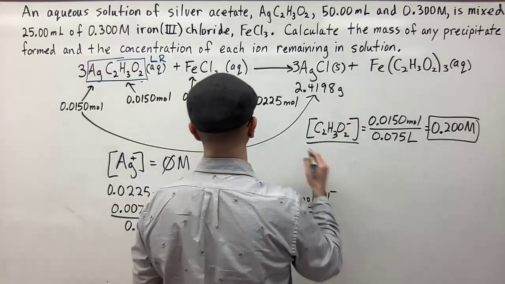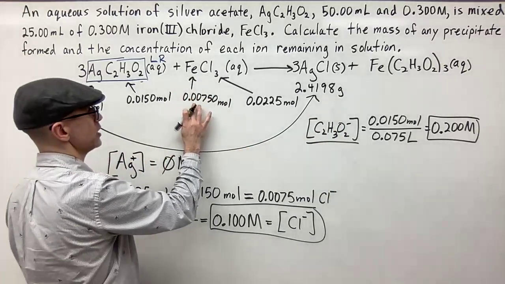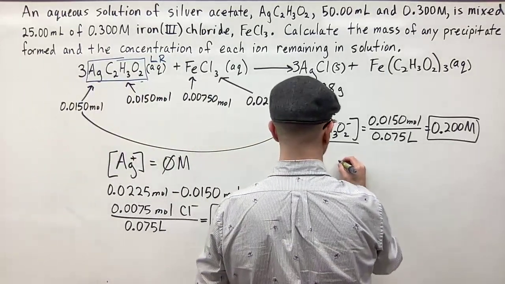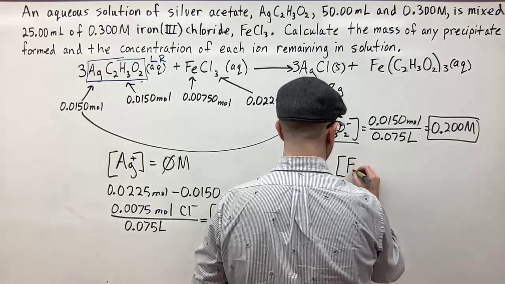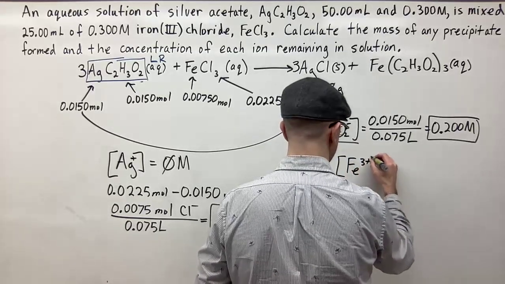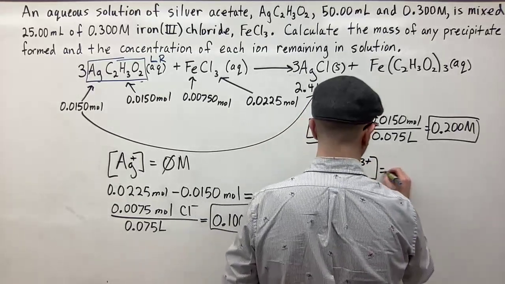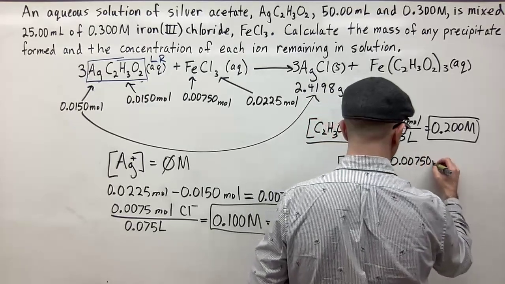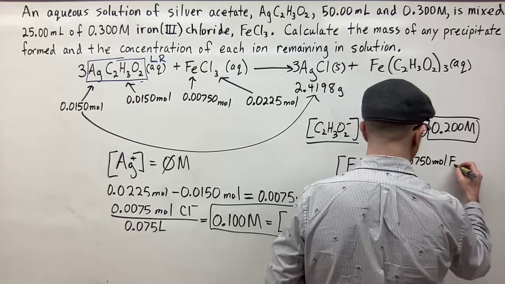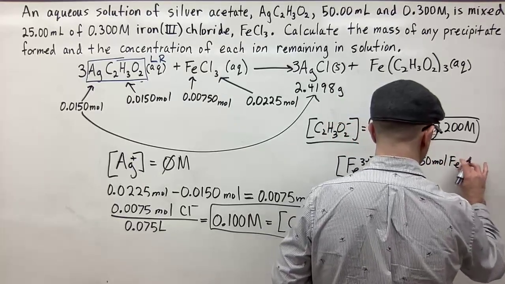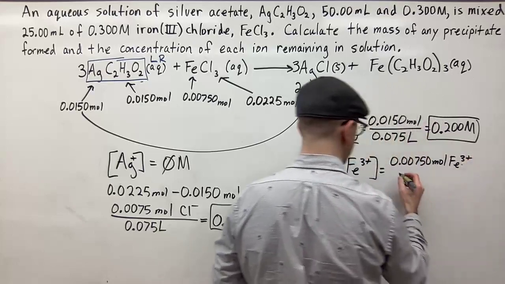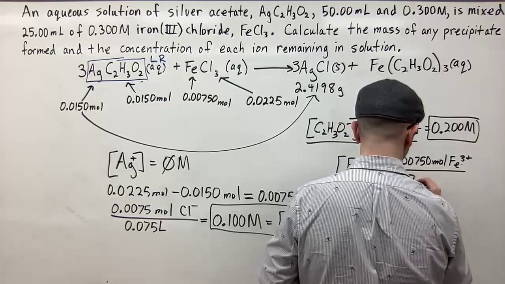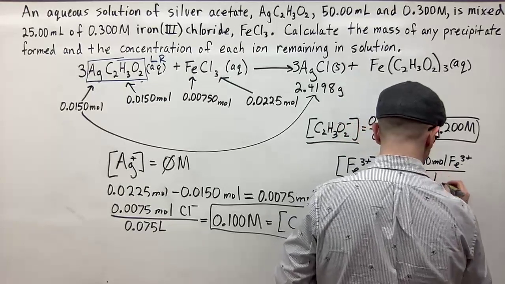And then for iron, same thing. I have 0.00750 moles of iron. So for my iron 3 plus concentration, again, it's going to be 0.00750 moles of iron 3 ion divided by 0.0750 liters.